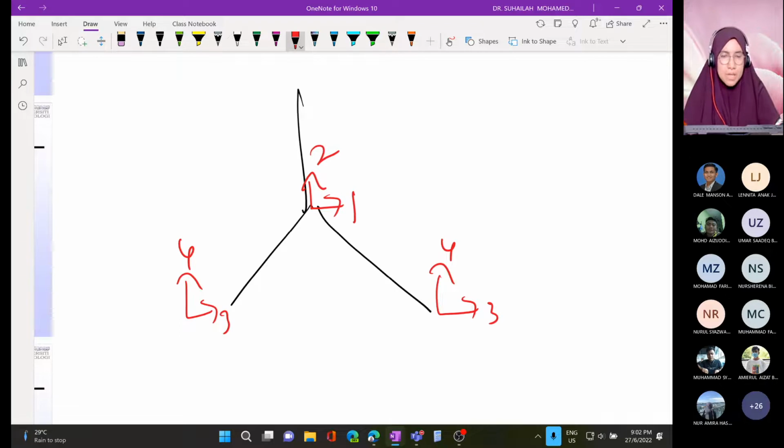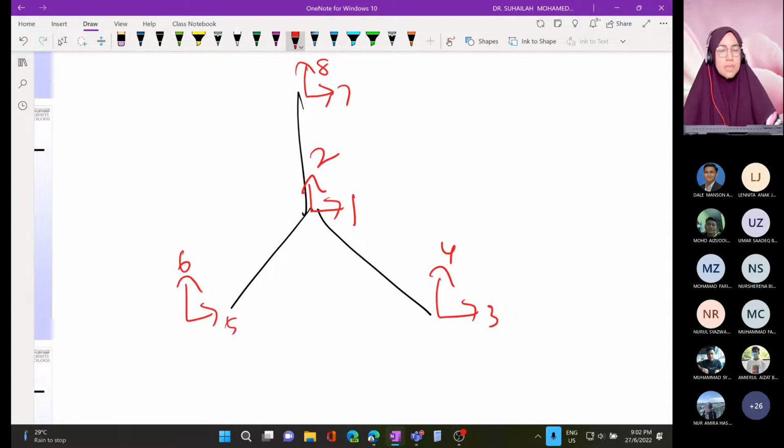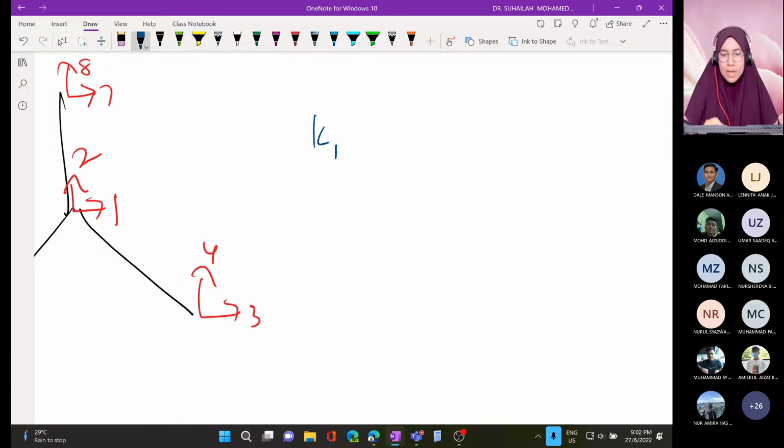It's up to you. So let's say I choose this as 3, 4. So this will be 3, 4, 5, 6 and 7, 8. Okay, so having all this information in the diagram, then only you can plan to start. You can plan your K. So you will have K1, K2, and K3.